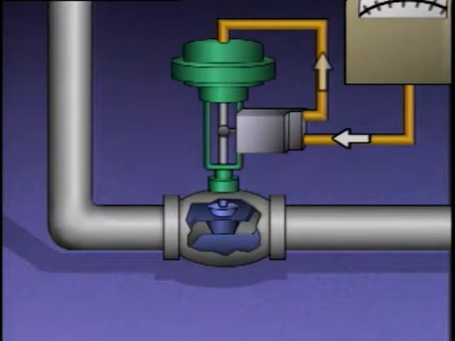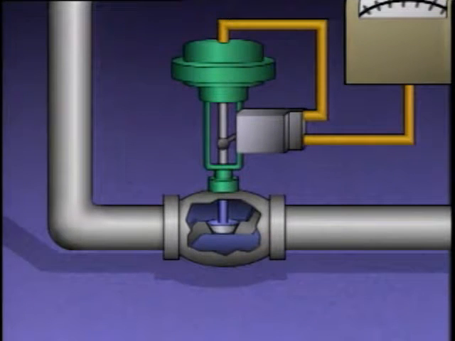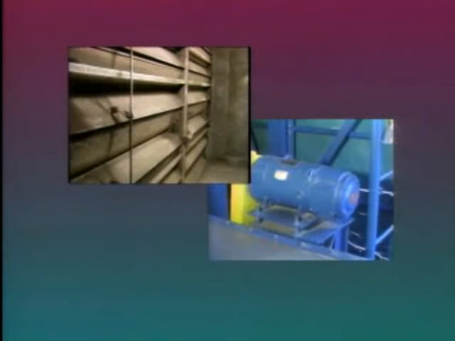Then the positioner regulates the separate supply of higher pressure air to the actuator to move the valve to a new position. As the valve stem moves up or down, it moves the linkage. When the linkage indicates to the positioner that the valve is in the position called for by the controller, the actuator movement is stopped.